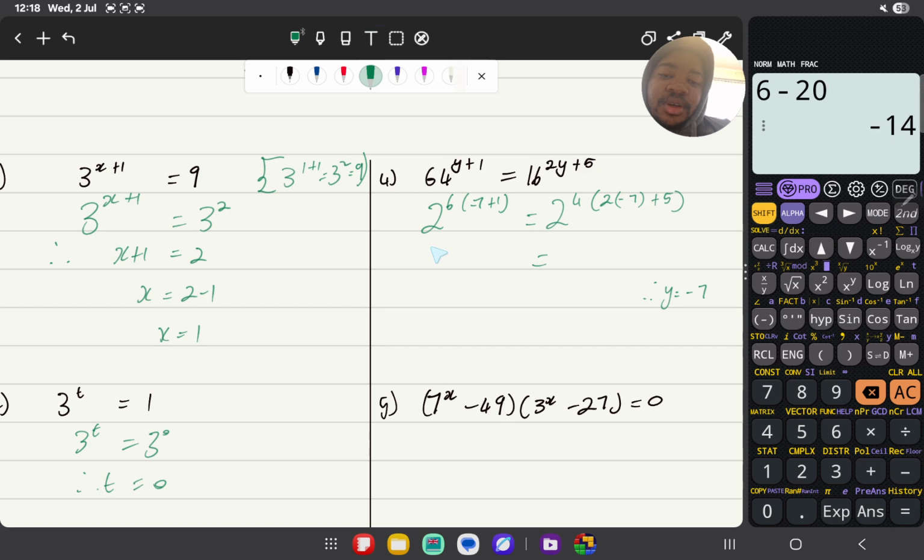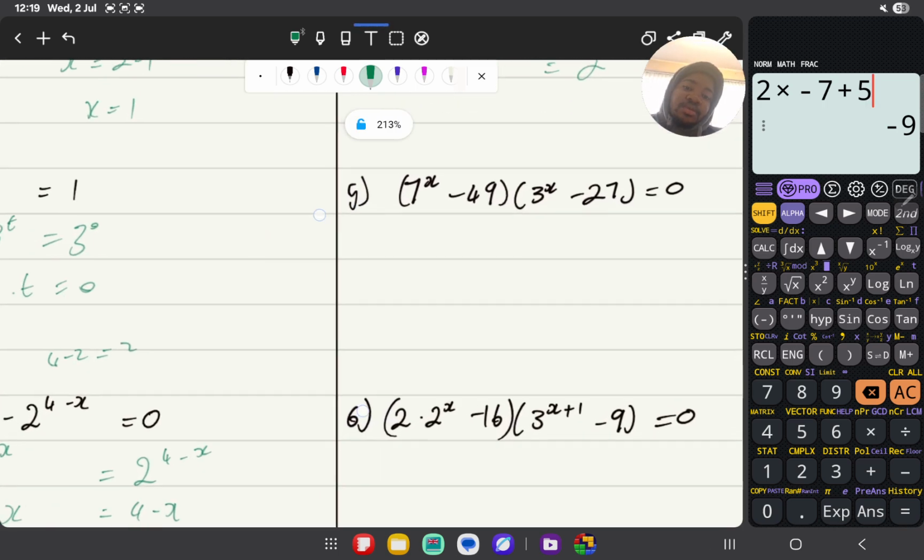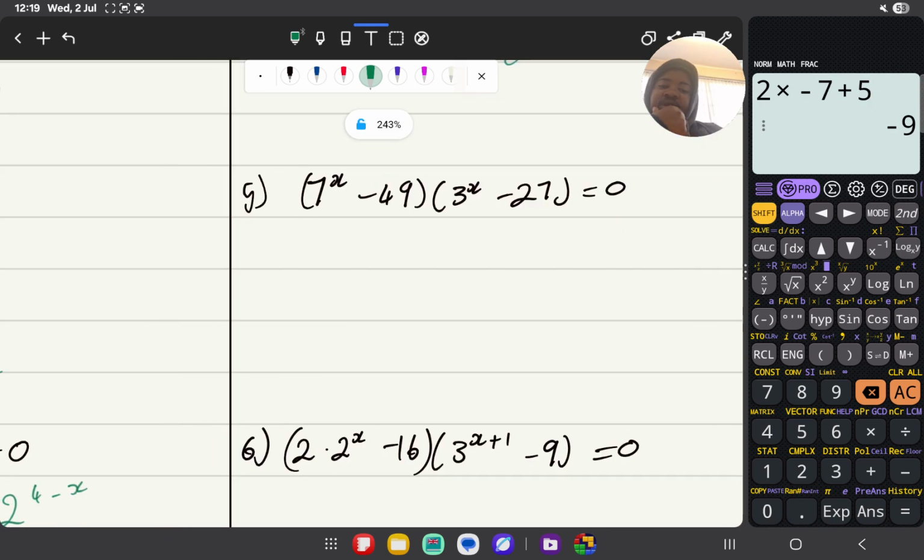So I have 2 to the power of 6 into minus 6, which is 2 to the power of minus 36. And then I have 2 to the power of 4 into minus 9, that is 2 times minus 7 plus 5, which is minus 9, which, like we said, is 2 to the power of minus 36. So the same thing, everything is equal. Beautiful stuff here.